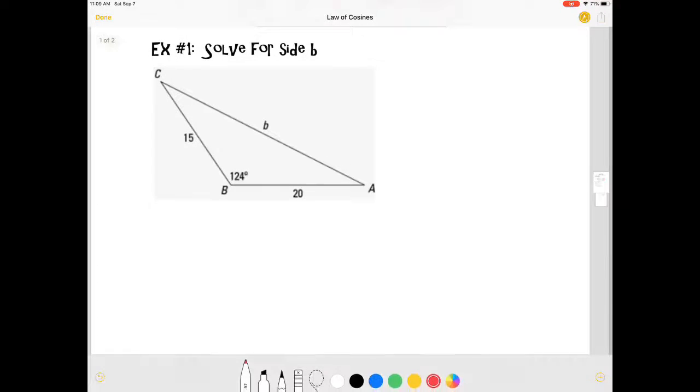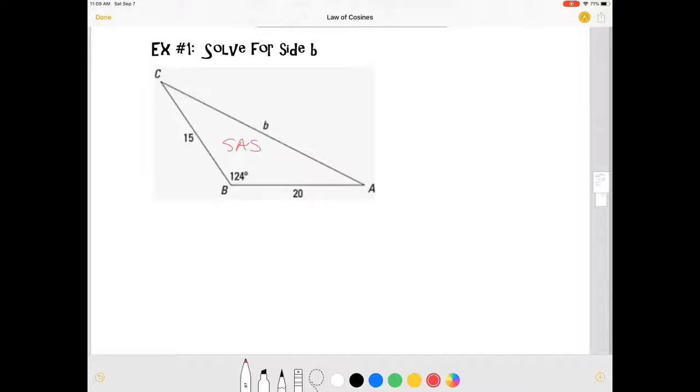Let's do an example now. Let's solve for side B in this triangle. So if we're going to solve for side B, we have to figure out which formula to use because the three formulas have side B in it. All right, so, secondly, this is a side, angle, side type problem.